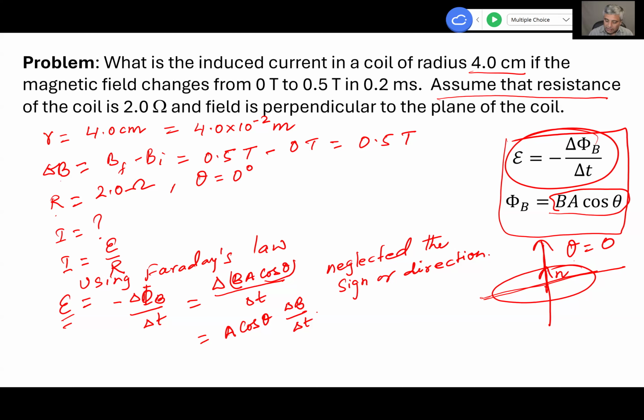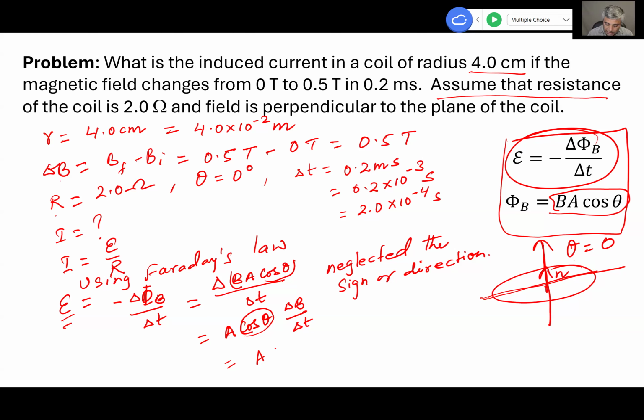And since theta is 0, this cosine is basically 1. So we can write this as A times delta B over delta T. Oh, delta T is given, I did not write it. Time interval 0.2 milliseconds. That means 0.2 times 10 to the power negative 3 seconds, or 2.0 times 10 to the power negative 4 seconds.